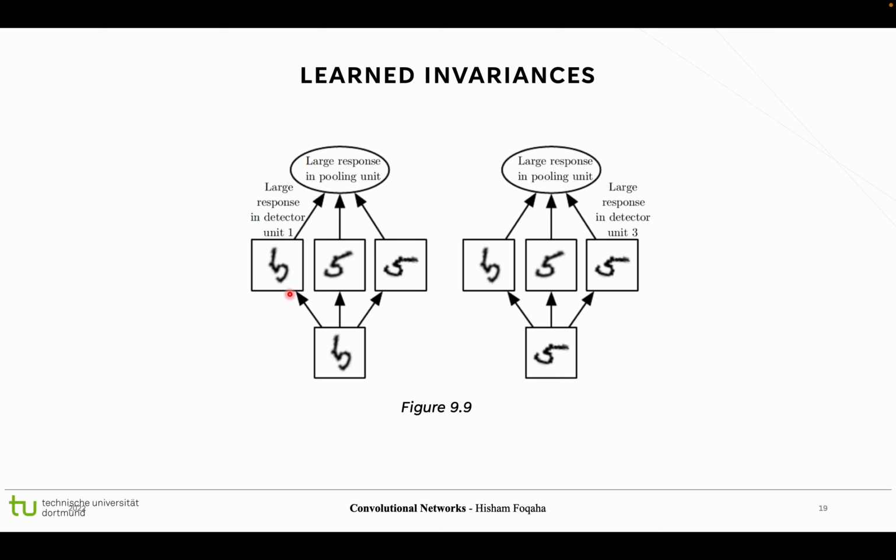For example, it will match this one, and it will cause a large response in detector unit 1. In the other case, we have this one here. After feeding this 5, we'll get a large response in detector unit 3.